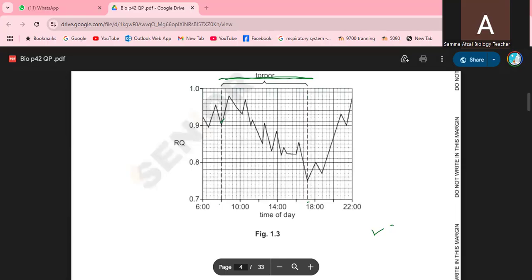So here, first, this organism is metabolizing carbohydrates; carbohydrates are the main respiratory substrates.